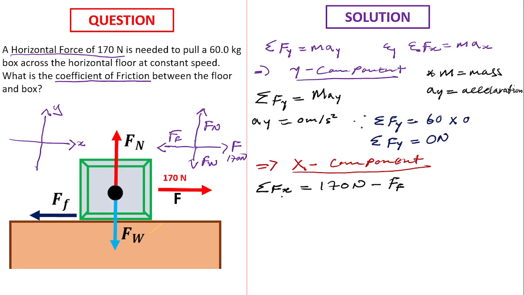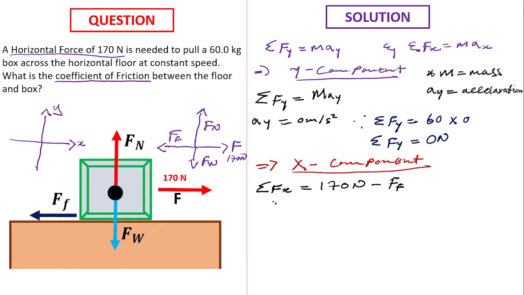Okay, so with this in mind, we know that the summation of forces in the x component is 170 Newton, coming from this force, and then minus the friction force which is acting on this. So what we are now going to do is treat the acceleration in the x component of this object to be equal to 0. We are just treating the summation of forces in the x component to be equal to 0.